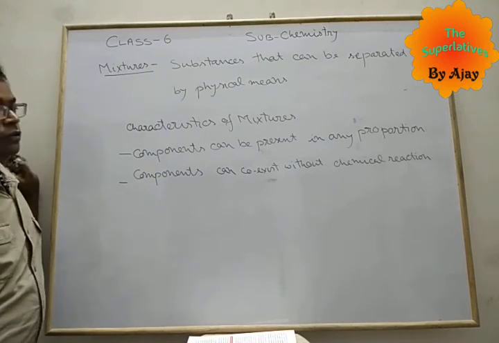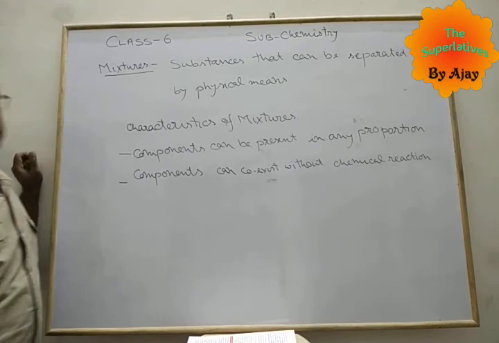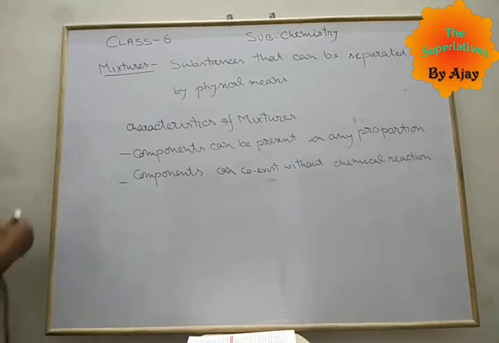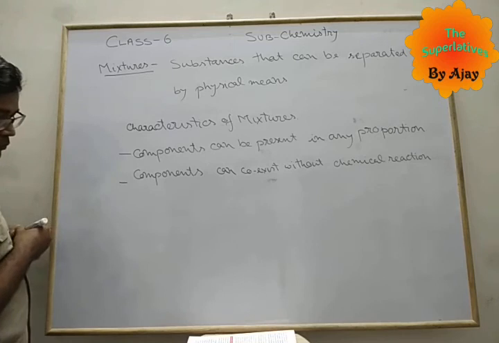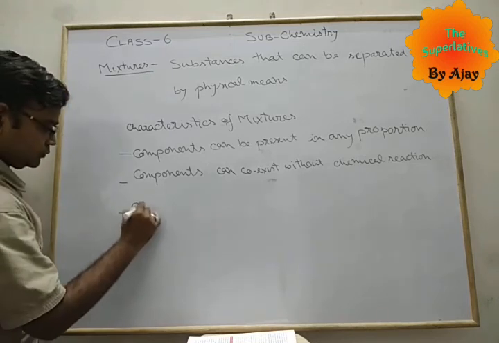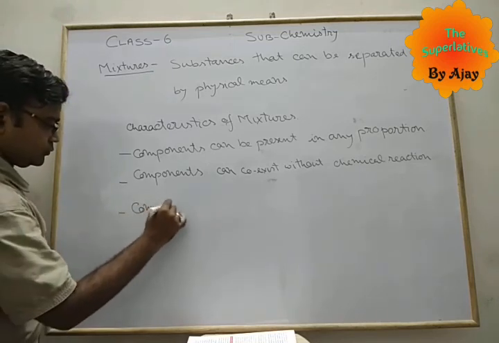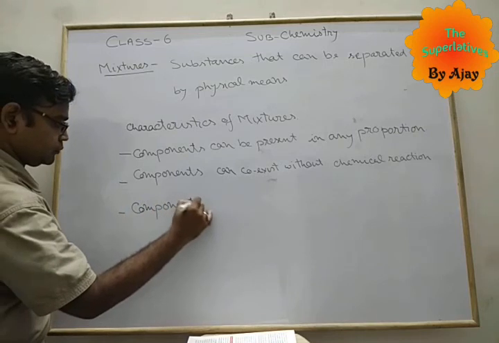In case of a compound, elements chemically combine, then they form a compound. But in case of a mixture, components can coexist without any chemical reaction, and they hold their own properties.